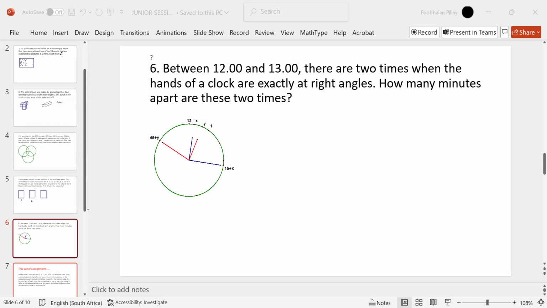Now, I don't know about clocks. You see, when I was young, we only had clocks. I'm sure most of you are familiar with it, but just to recall, nowadays you've got digital clocks.